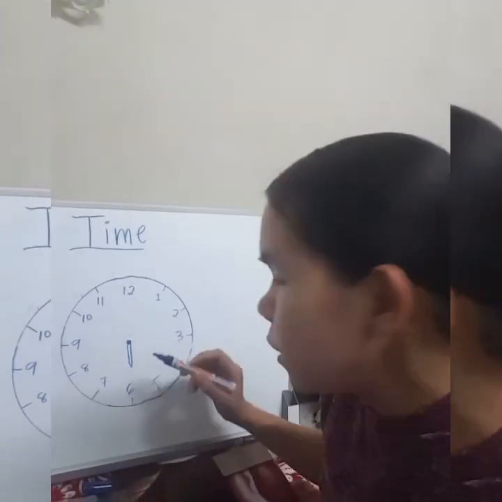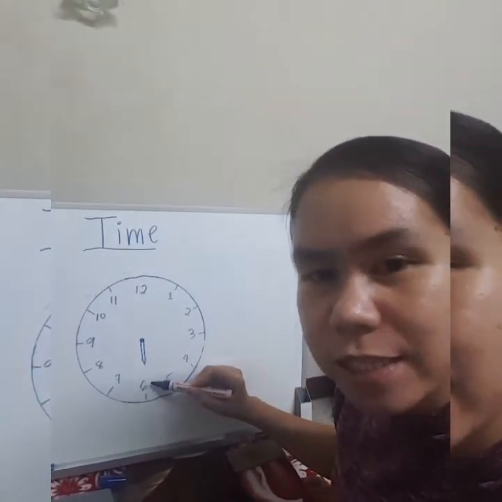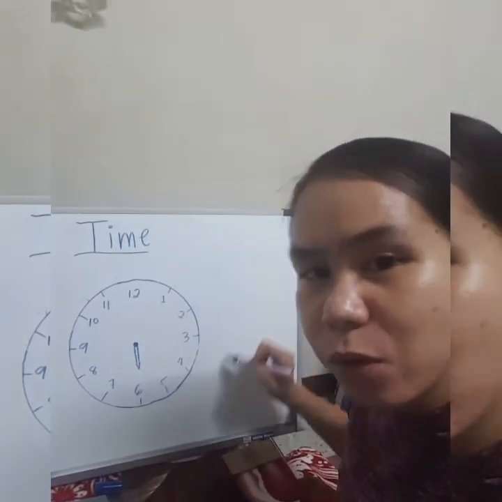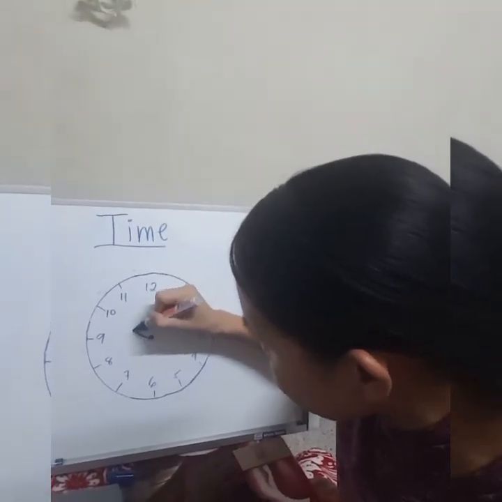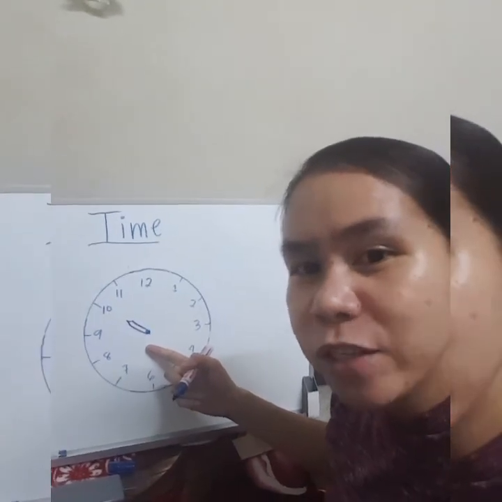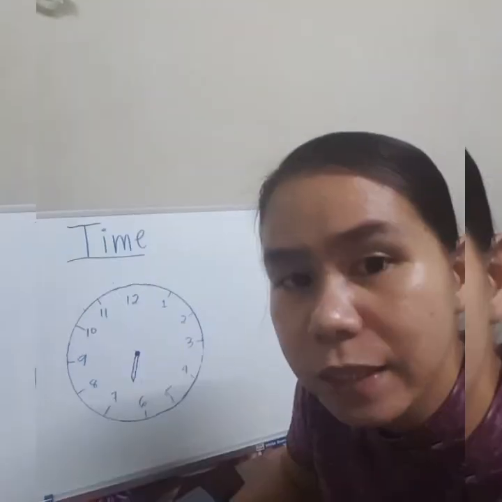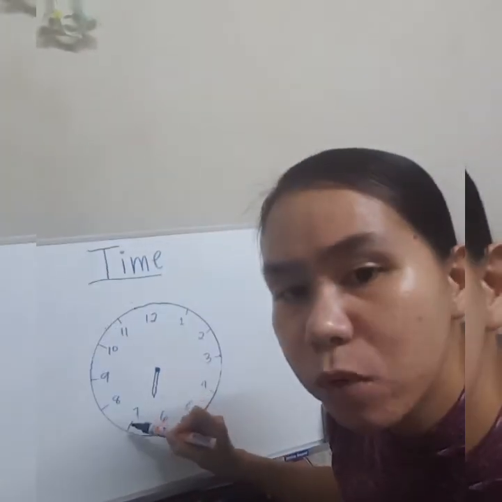Another example, the short hand is pointing to the 6. Again, with the direction of clockwise, we will move this one from here, going here. So, the short hand is pointing to the 10. Sometimes, the short hand will be between 2 numbers.